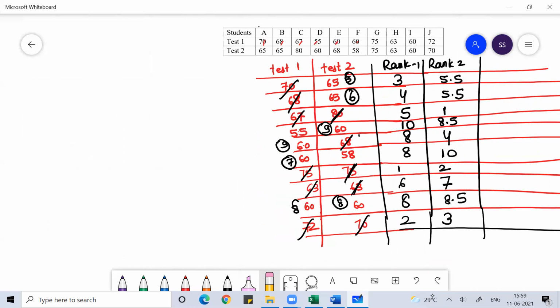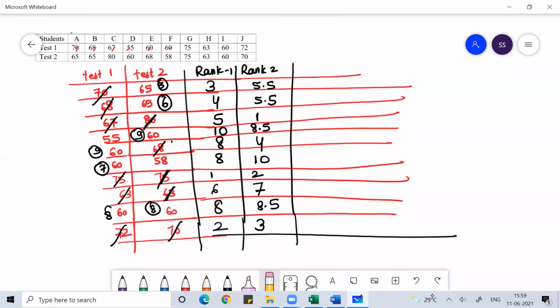Once you're done with this, find the difference. 3 minus 5.5, minus 2.5, minus 1.5. This is 4, this is 1.5, this is 4, this is minus 2, minus 1, minus 1, minus 0.5, minus 1.